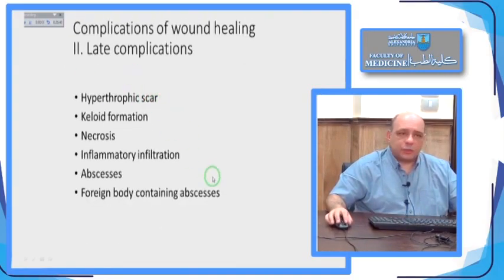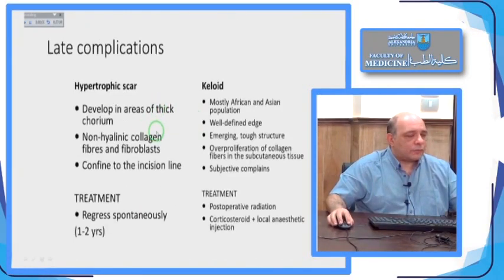What about late complications, which are much more common and much more important? The two most famous are hypertrophic scarring and keloid formation. You may have necrosis, inflammatory infiltration, abscess formation, foreign body, all of these can happen, but the first two are the most important here.